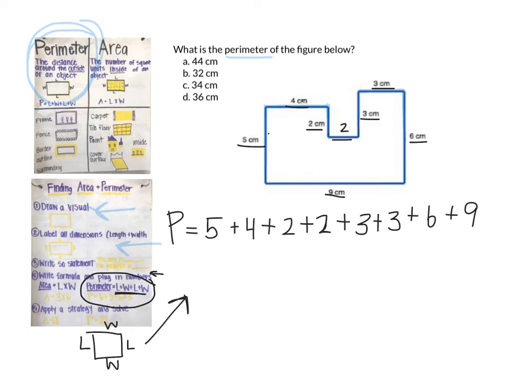So double check that you have 8 side lengths in your equation. 1, 2, 3, 4, 5, 6, 7, 8. Perfect. So I'm going to add with carets.